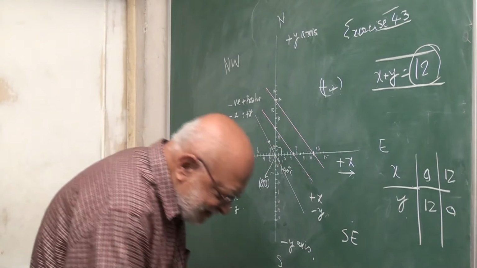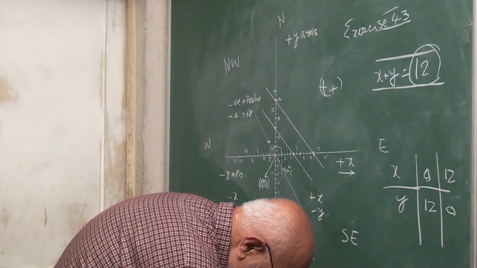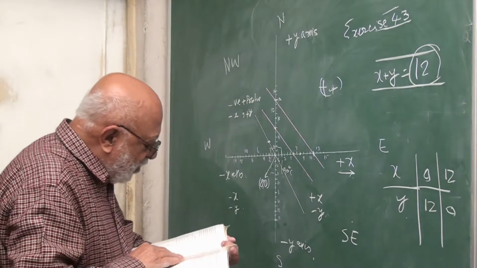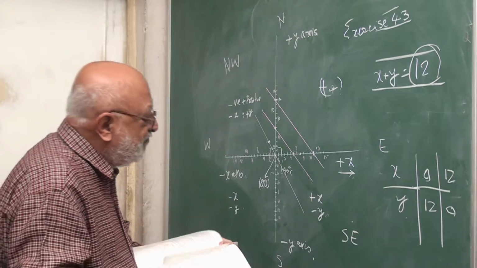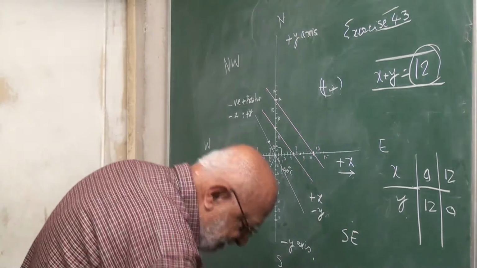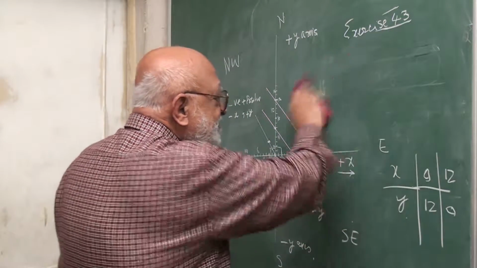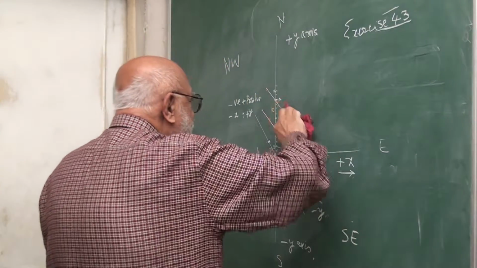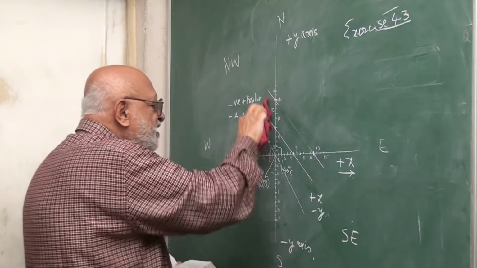Okay, now let us see some of these questions here. First question: draw the graph of each of the following linear equations in 2 variables. Let us write it down so that you don't get confused. I have to carefully erase that because I want to use the same graph over and over again.